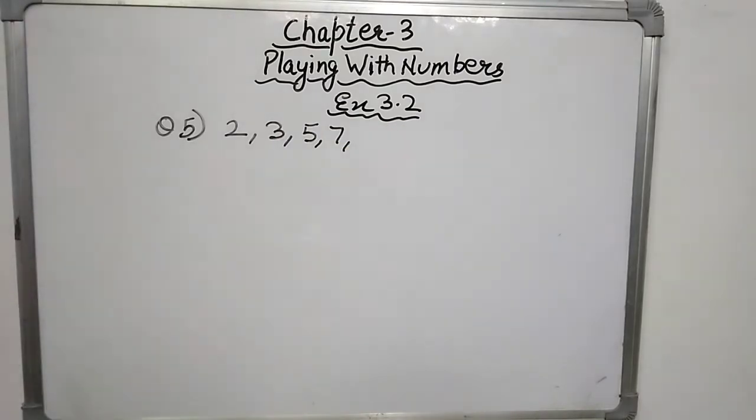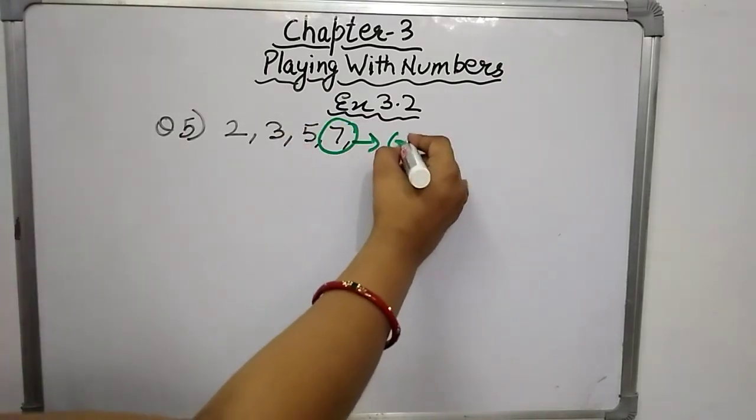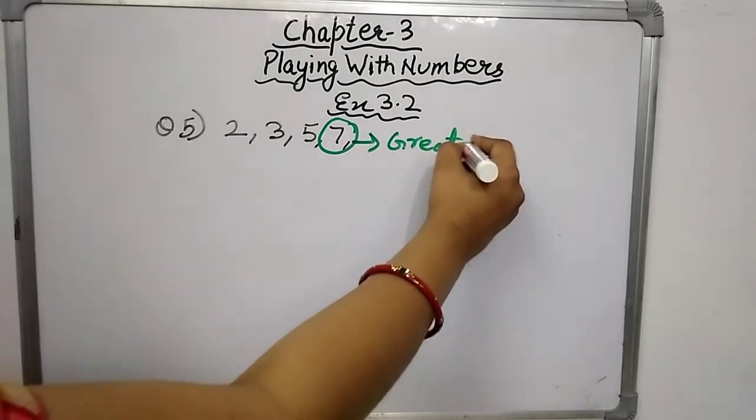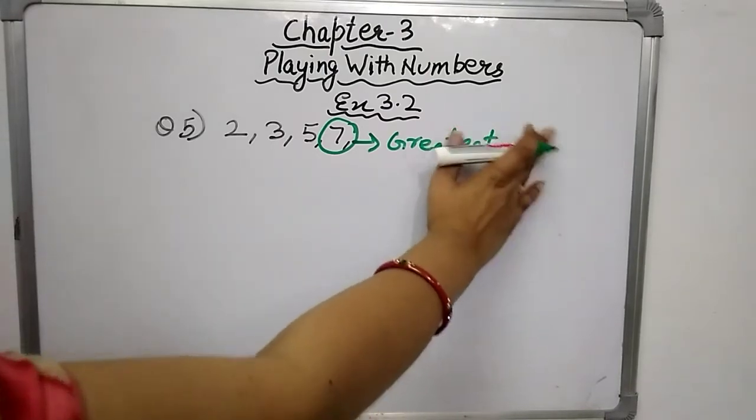Yes, these 4 are the only prime numbers between 1 and 10. So from this we can say 7 is the greatest prime number between 1 and 10.